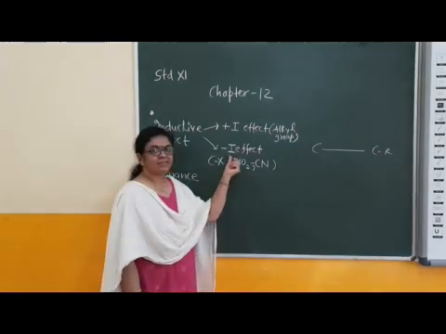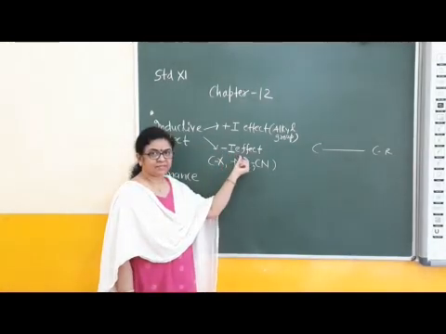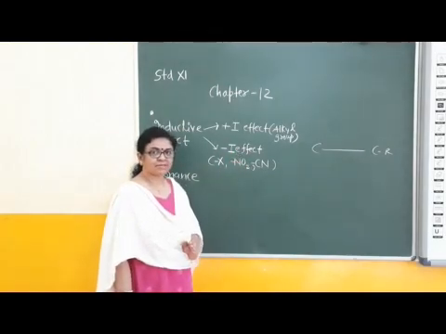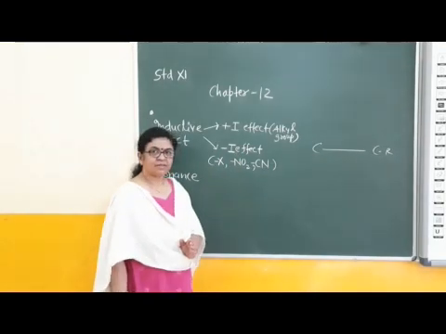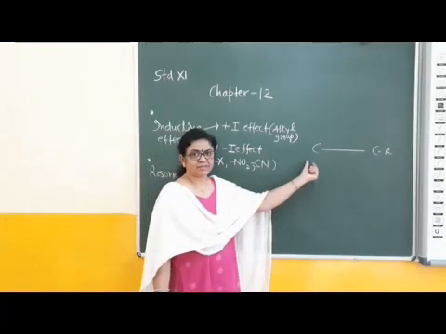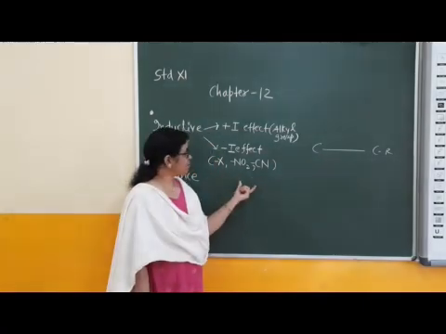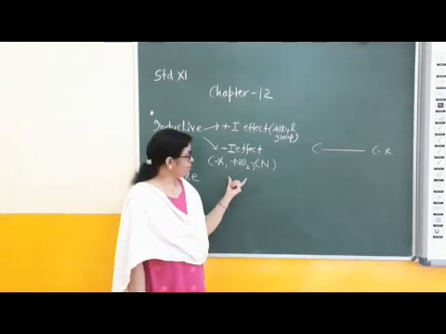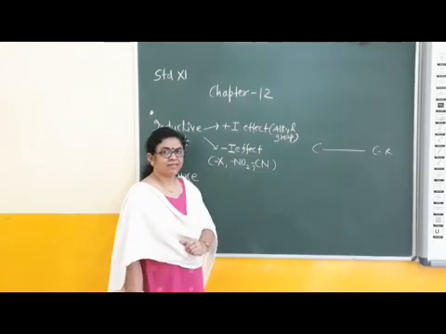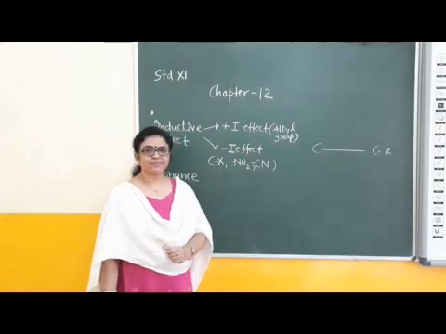Second is minus I effect. It means minus inductive effect, which is shown by electron withdrawing groups. When a substituent or functional group is attached with the left hand side carbon atom or right hand side carbon atom, such electron withdrawing functional groups show minus inductive effect, right? For example, plus I effect is shown by alkyl group.